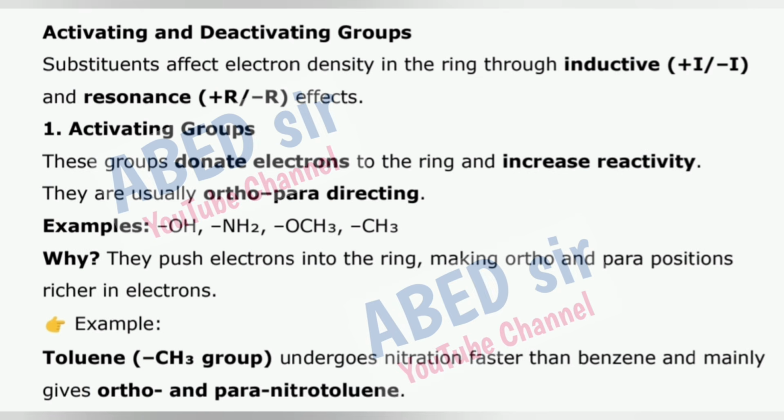Examples are NH₂, OCH₃, CH₃. Why? They push electrons into the ring, making ortho and para positions richer in electrons. Example. Toluene, CH₃ group, undergoes nitration faster than benzene and mainly gives ortho and para-nitrotoluene.